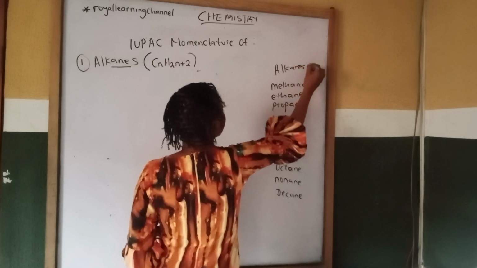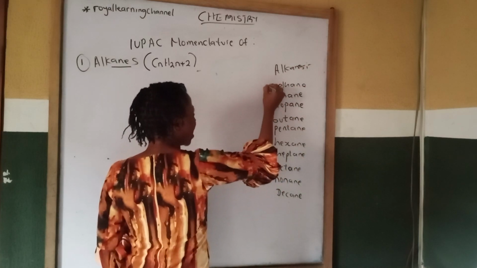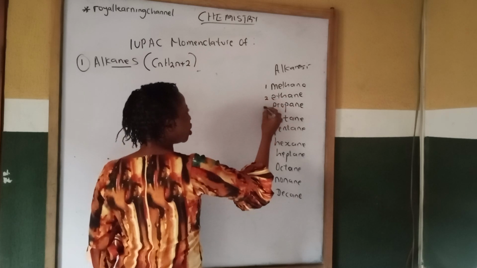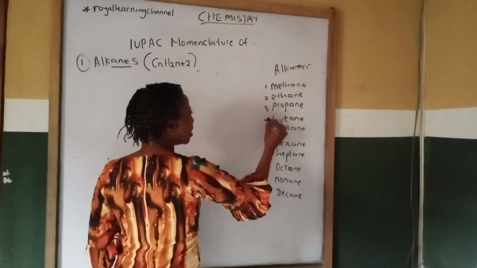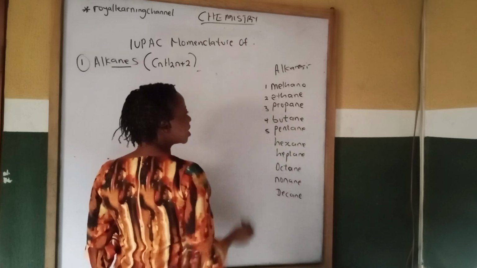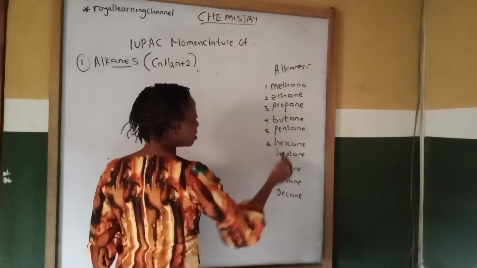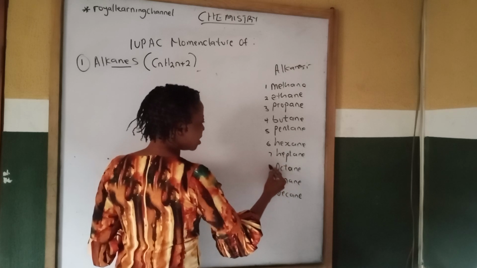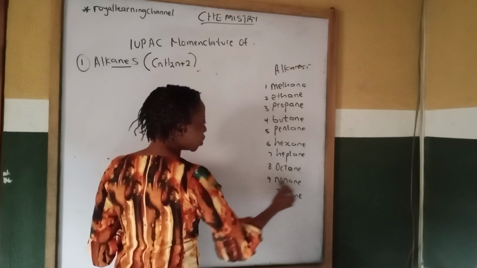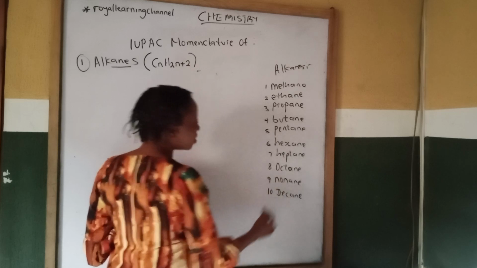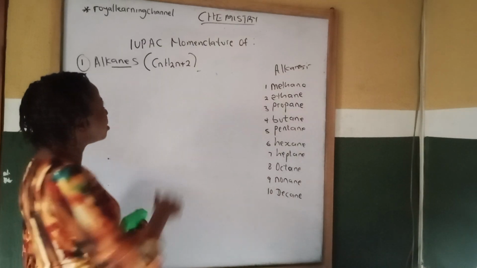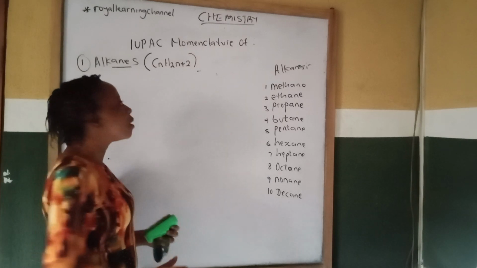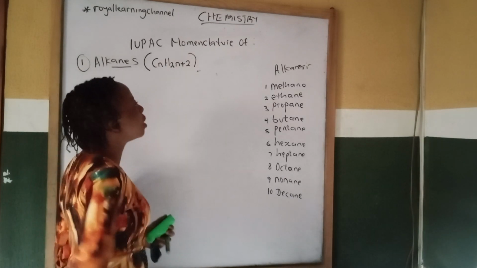The first member is methane, the second is ethane, the third is propane, butane, pentane is the fifth member, 6 is hexane, 7 is heptane, 8 is octane, 9 is nonane, while 10 is decane. Now, this is our general formula, so you derive their molecular formula from this general formula.